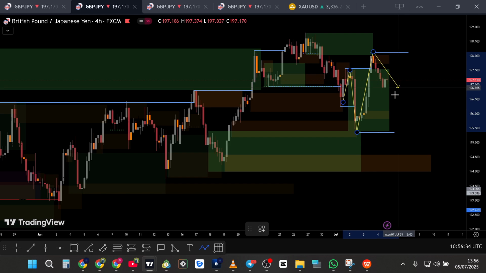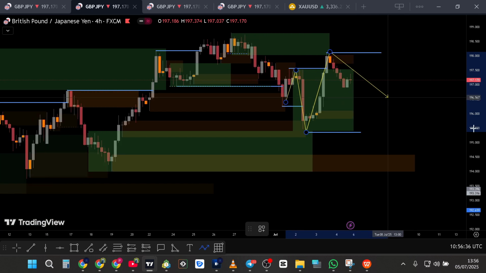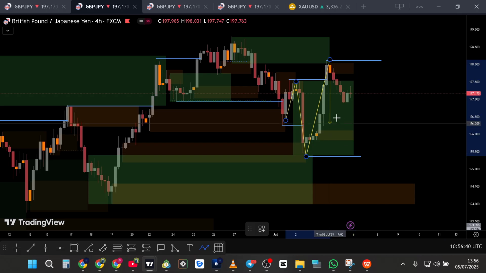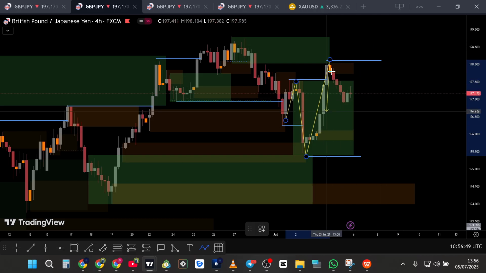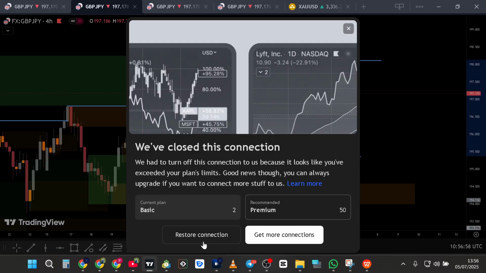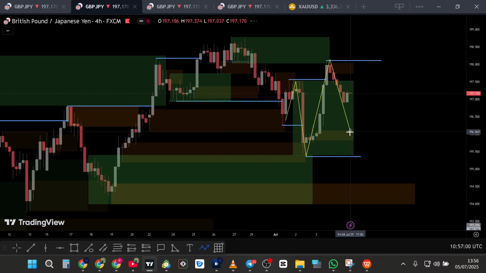So if I'm going to concentrate on the buys from the 4 hour, then this demand would be very ideal to look for buys, this one here, and then continue to the upside. Yes, we don't have any change of character, so we don't have any proof to say that we are going to continue to the downside even after this low being breached right there.